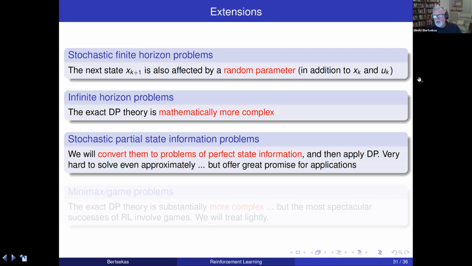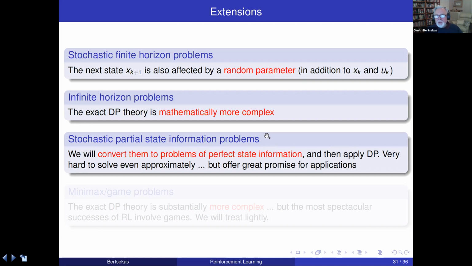Like, for example, a vehicle, you may know its position exactly, but you may not know its velocity. Or you may know its position with some error of the radar, let's say, that tracks the position. These problems are called partial state information problems, or POMDP, if you have heard of them. And they're much more difficult than perfect state information problems.